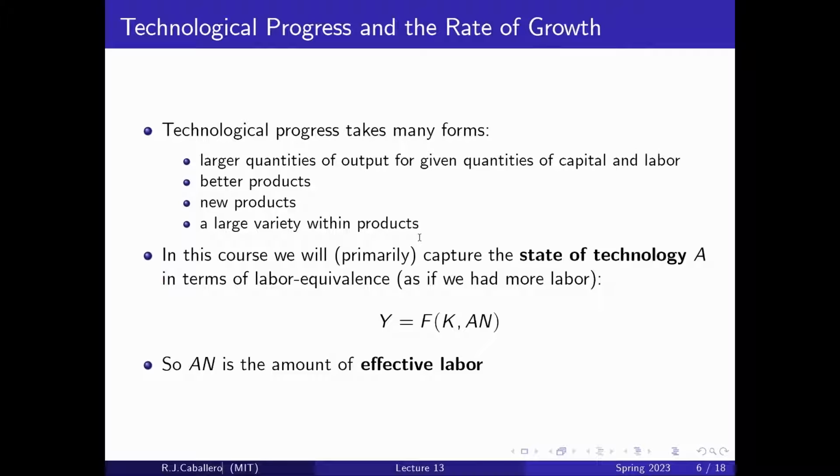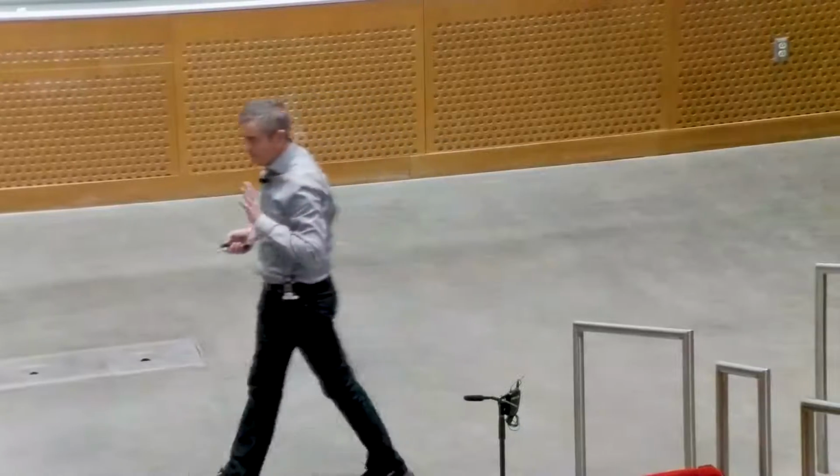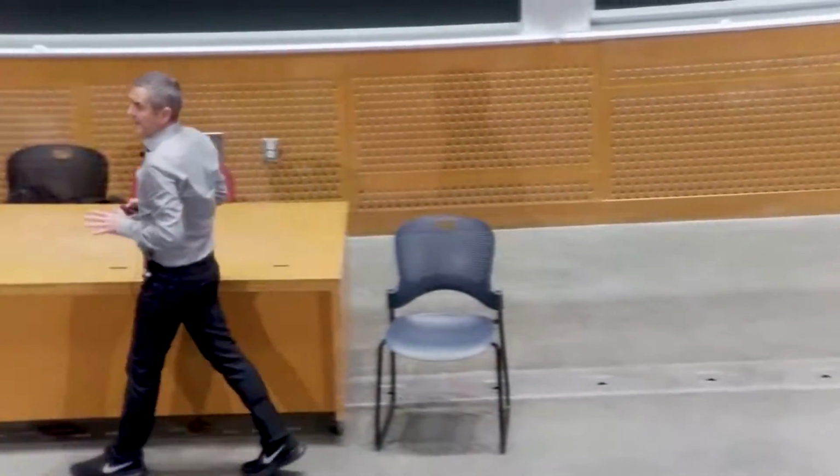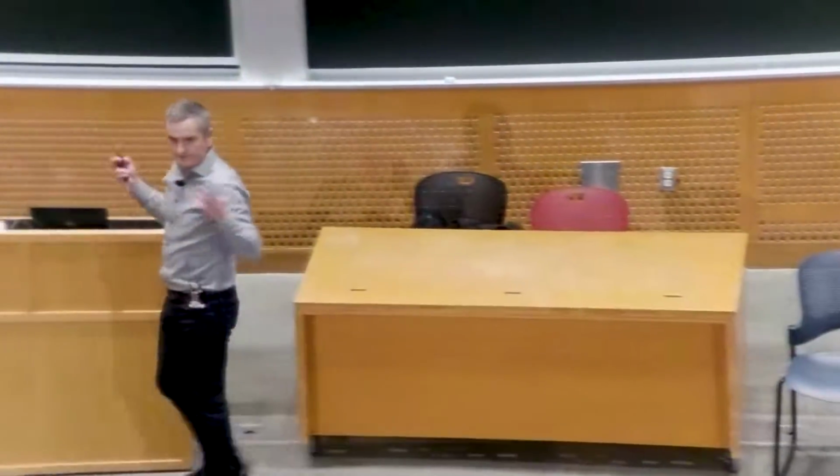And that's what I mean. Even within a product, you can get more variety. And more variety improves welfare because you can align the needs better with the product and so on. But we're going to make it very simple. In this course, we're going to model technological progress as if it was workers.